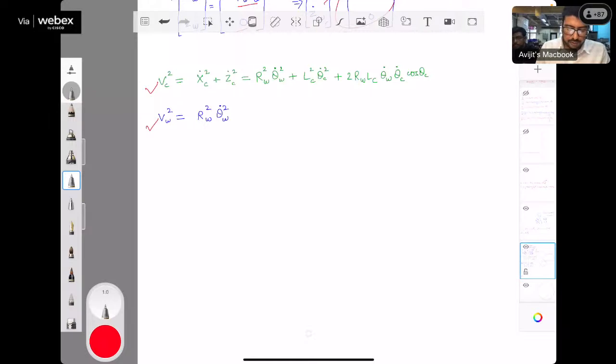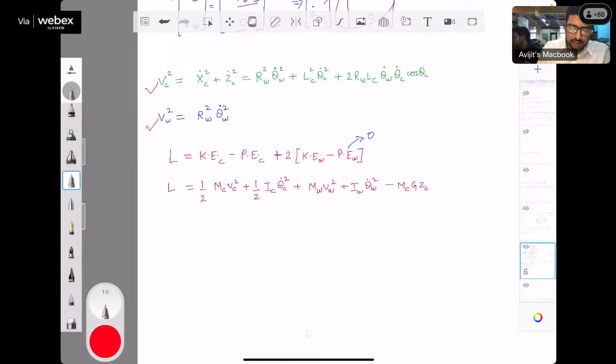So if we look at the Lagrangian function, we have seen that L is represented as kinetic energy minus potential energy. So here we will have kinetic energy of the bot center of mass minus potential energy of center of mass, plus kinetic energy of the wheel minus potential energy of the wheel. Also, since we have two wheels, it will be multiplied by 2.